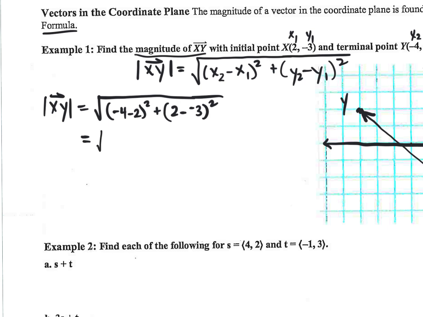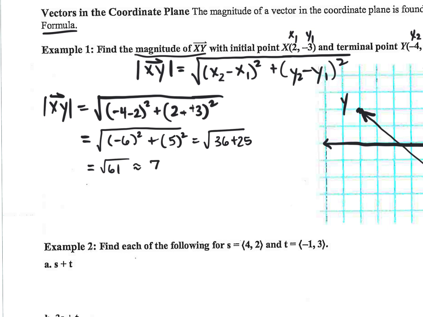So we get the square root of, that's negative 6. This becomes 5, doesn't it? So 36 plus 25. That ends up being the square root of 61, which is approximately 7.8. Now, you can make sign errors here, can't you?